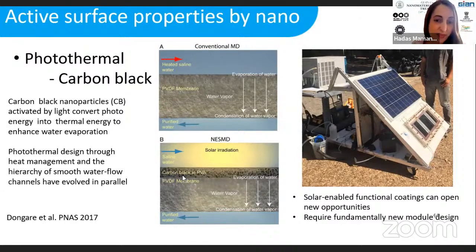With addition of carbon black, we can have enhanced evaporation of the water because the carbon black can convert solar radiation into thermal energy, which will increase the rate of evaporation of the water. Therefore, this will improve the membrane properties. I think this is a very interesting feature.